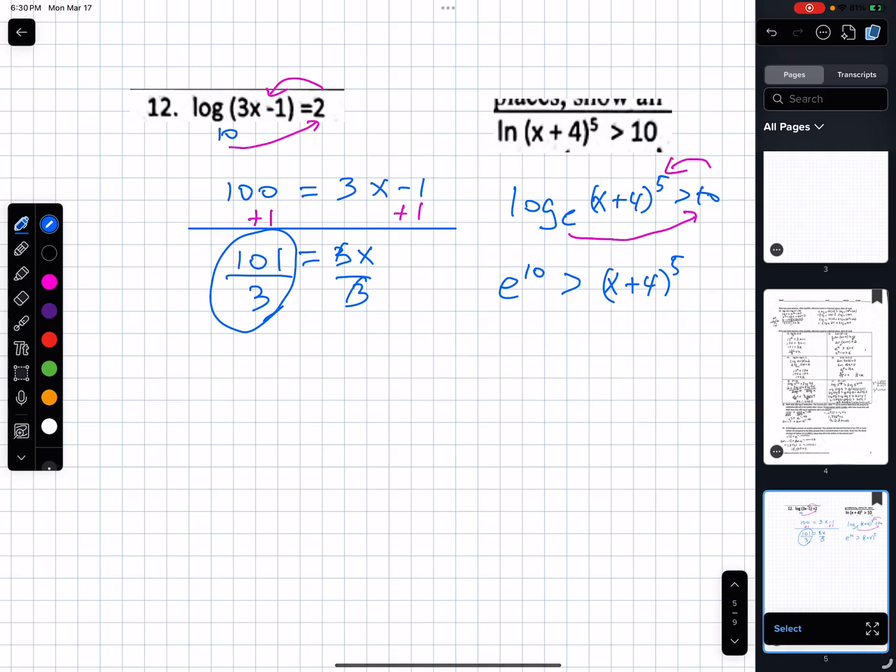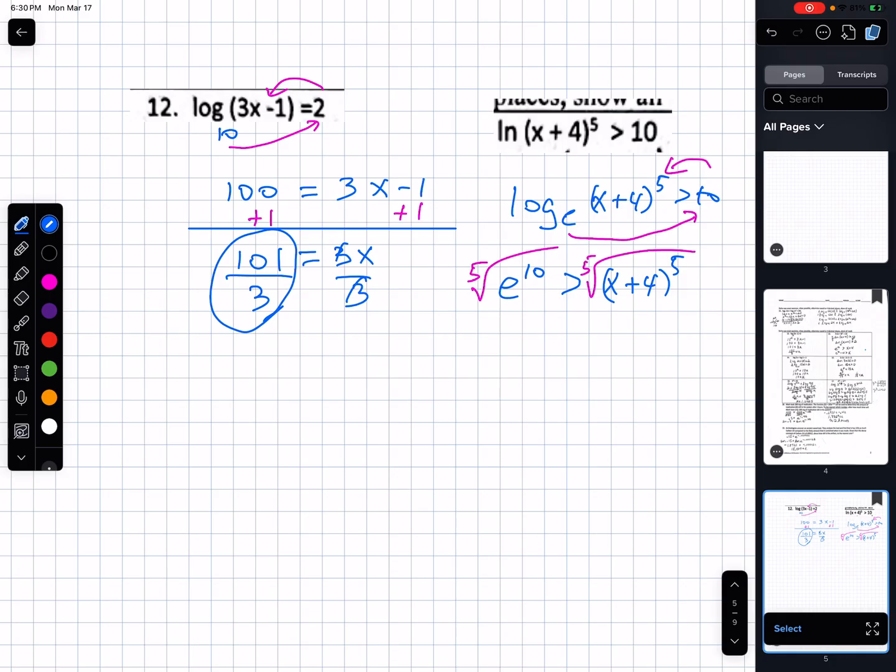How do we get rid of a 5th power? You take the 5th root. You know how to do 5th root on your calculator? Good. So I'm going to plug the whole thing in my calculator: 5th root of e to the 10th. So 5 first, and then math, 5th root, and then put in e to the 10th, second ln.